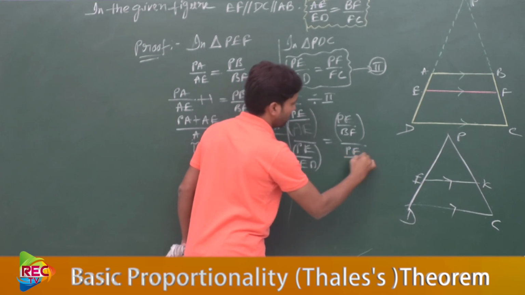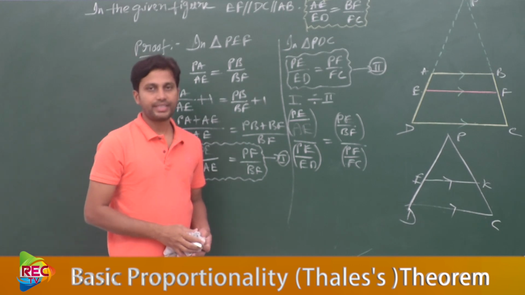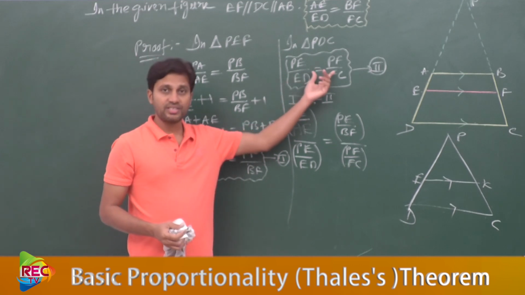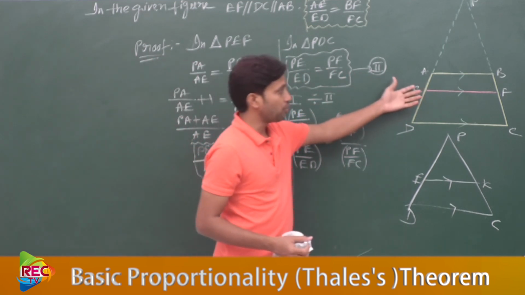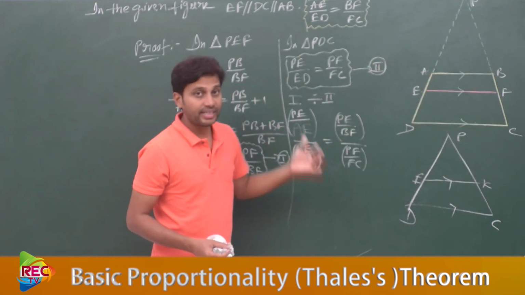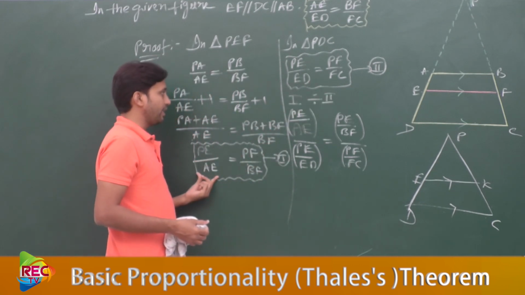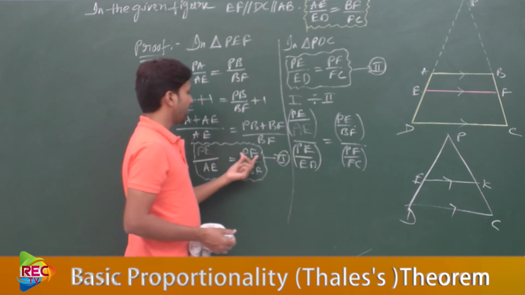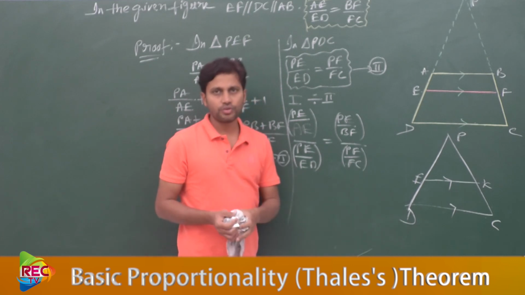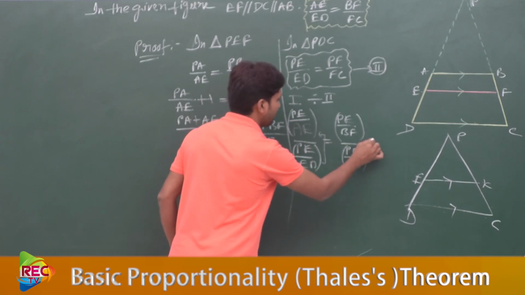PF by FC. Right? Like this we have divided. What we did here, we obtained two proportionality relations, depending on the basic proportionality theorem obtained from the triangles in this figure. And we are dividing relation 1 with relation 2. So here relation 1 LHS by relation 2 LHS equal to relation 1 RHS by relation 2 RHS. We divided like this. Obviously you know that here the denominator parts will be inverted.